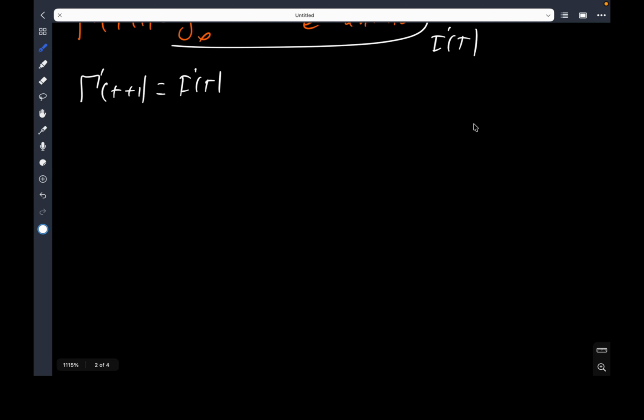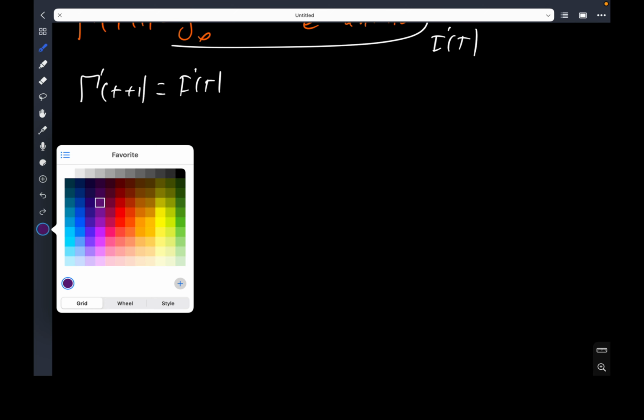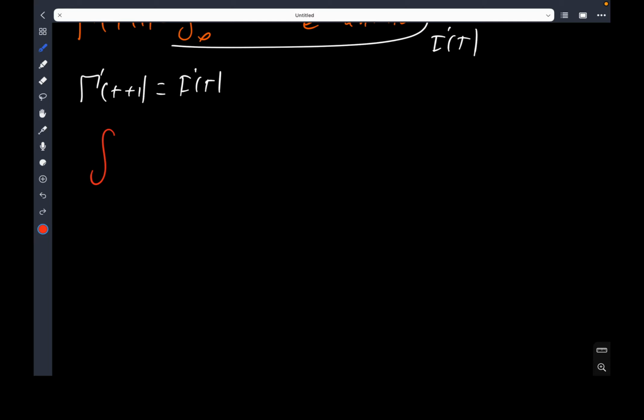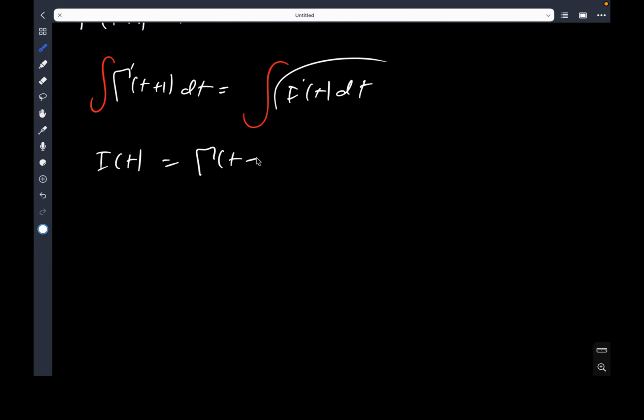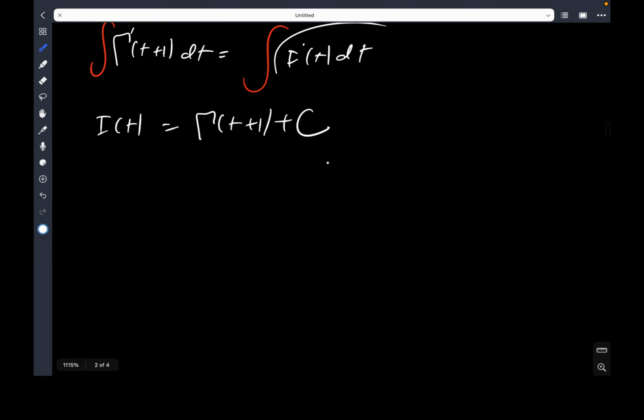And if I now integrate both sides with respect to t, gamma prime of t plus 1 dt equals I prime of t dt. This is going to become I of t equals gamma of t plus 1 plus c.